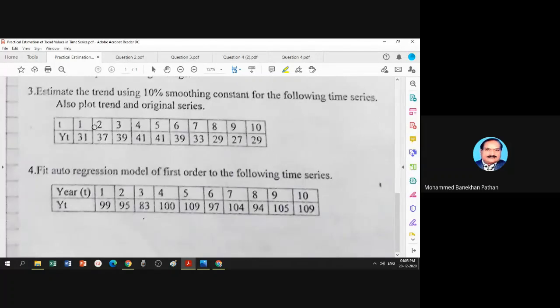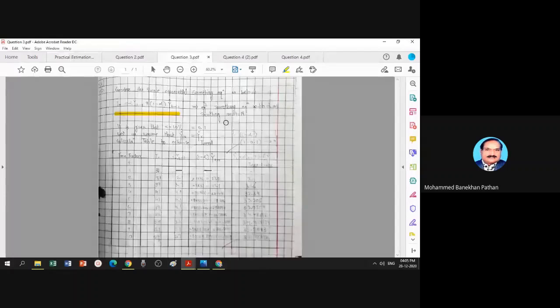After that, x remains the same, that is t. In place of the original values, take what you get from the last column of the table. So these values are taken on the y-axis, plot the trend values and join them by dotted lines. That will be the graph.